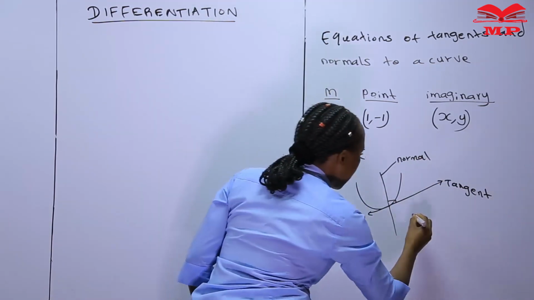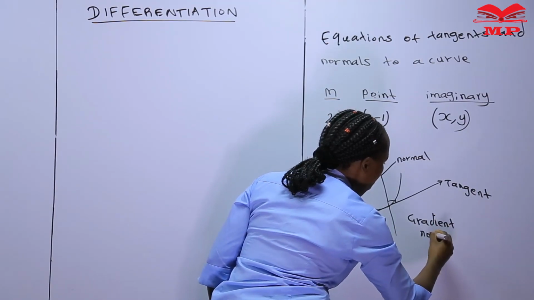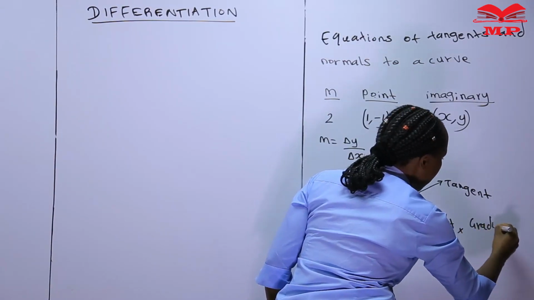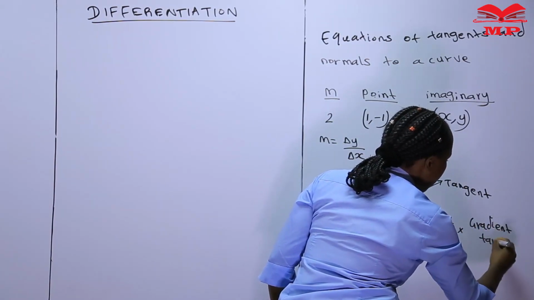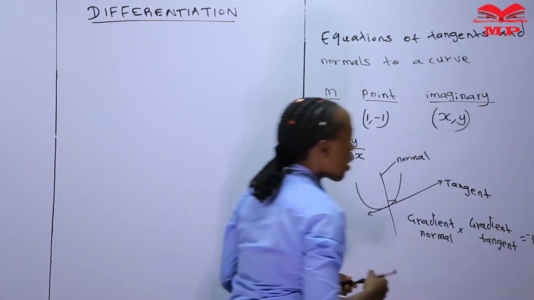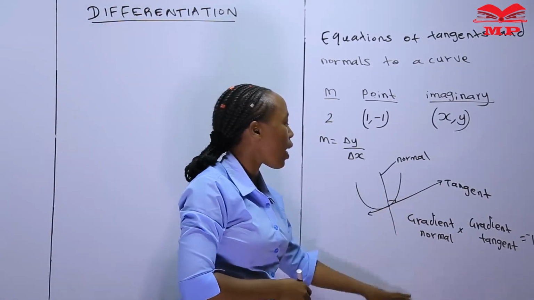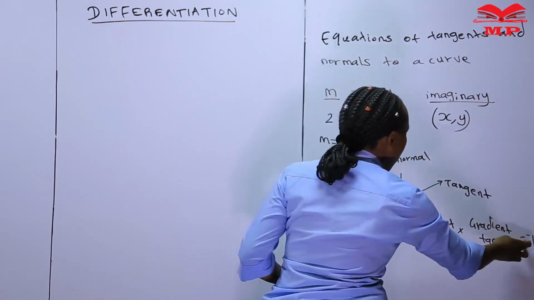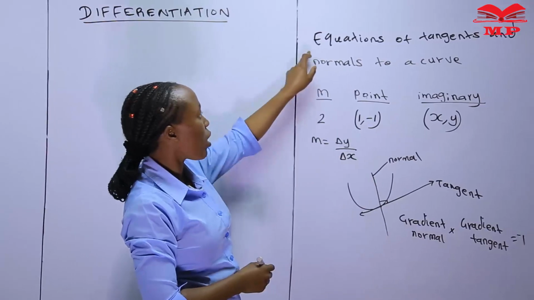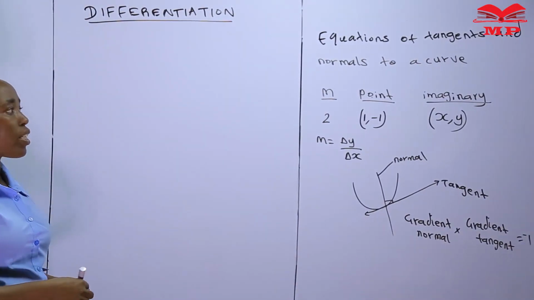And we say that the gradient of the normal multiplied by the gradient of the tangent is equal to -1, because the product of the gradient of two perpendicular lines is equal to -1. So you need to have that in mind so that you're in a position to get the equation of the normals and the equations of the tangents.